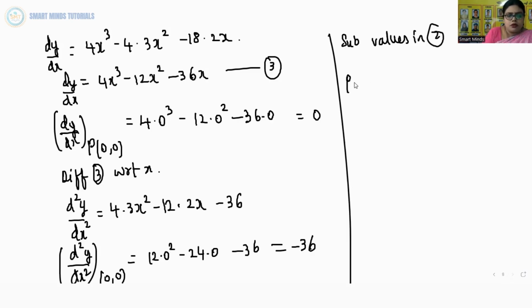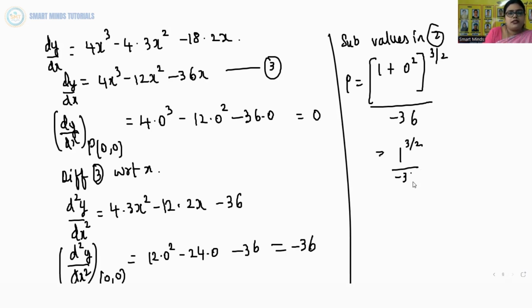Rho is equal to 1 plus, what is dy by dx? 0. 0 square whole power 3 by 2 by, what is d square y by dx square? Minus 36. So that is 1 power 3 by 2 by minus 36. 1 power anything is 1. So the answer is 1 by minus 36. This is the radius of curvature.